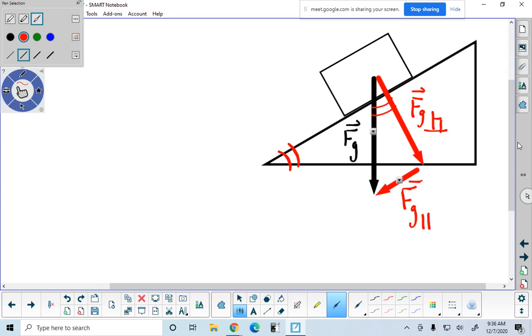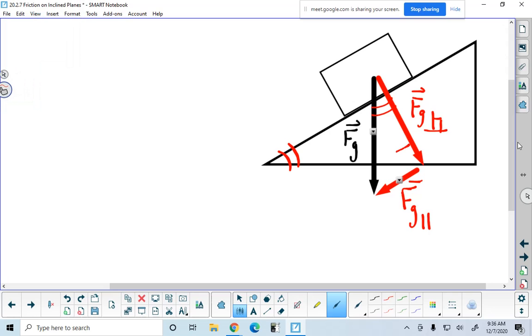So we're dealing with a right angle triangle because these two are perpendicular to each other, where the hypotenuse is the force due to gravity. And that means that if we want to find the perpendicular component, it is adjacent to the 30-degree angle.